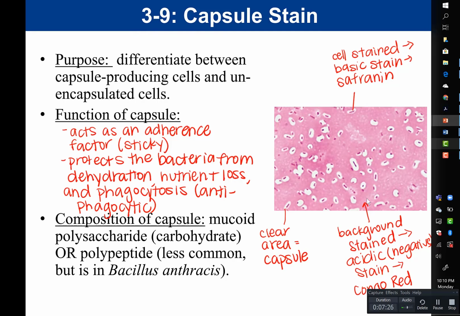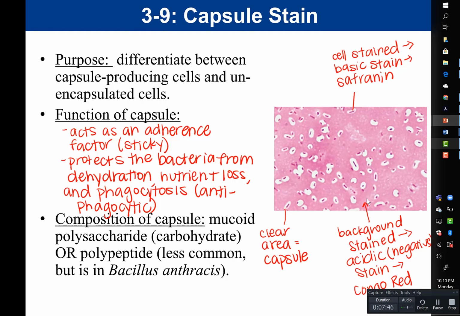So those clear areas around the cell is the capsule. So you want to be able to know the different parts. The capsule is clear, the cell is red because of the safranin, the background is red because of the Congo red, and so understand that amount of detail in terms of the staining procedure.